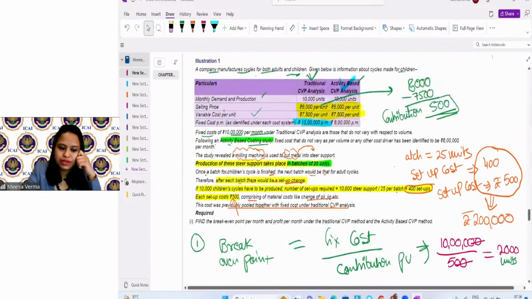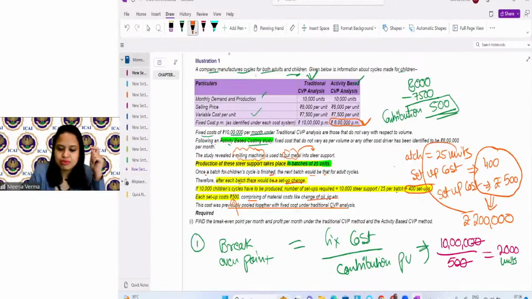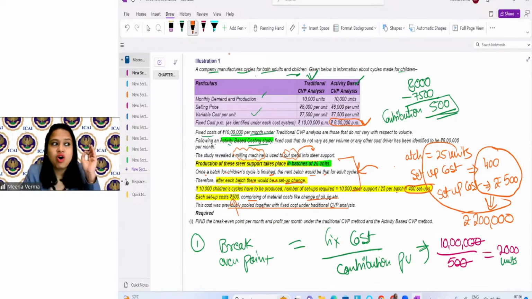You can see, in case of activity-based costing, the fixed cost is 8 lakh. Along with this, we have the setup cost. It is mentioned here. On the basis of cost driver we are allocating the cost, but it is also a fixed cost.